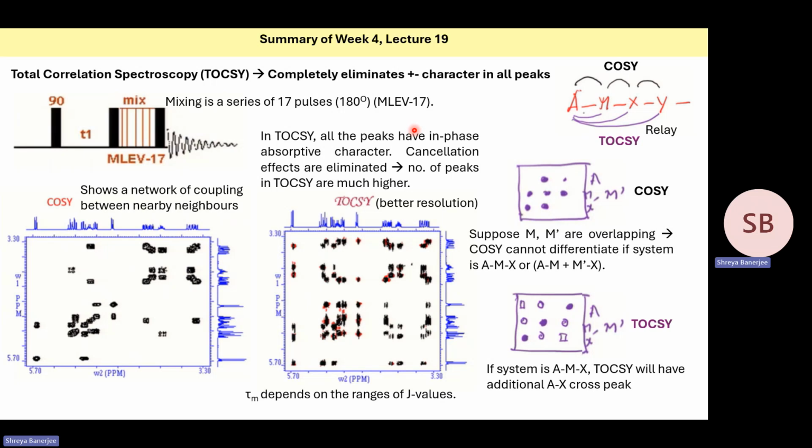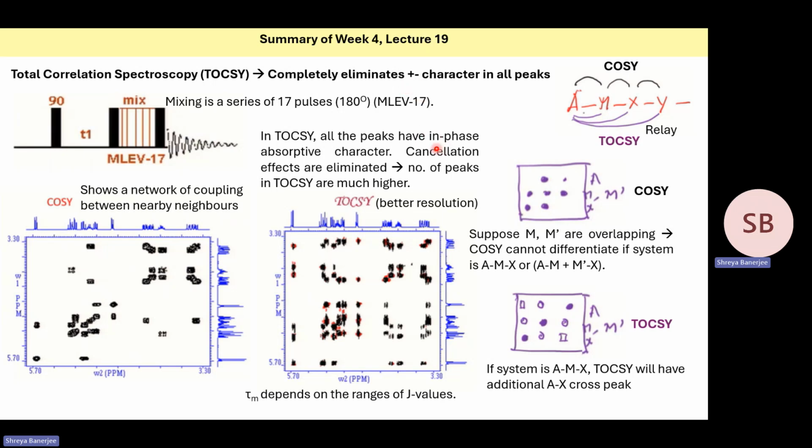In TOCSY, first of all, you have cross peaks with neighbors that are much farther away, which are separated by 2 bonds, 3 bonds, and even more bonds. So in TOCSY, you can already see the number of peaks is much higher. Secondly, in TOCSY, the plus minus or antiphase character is completely eliminated.